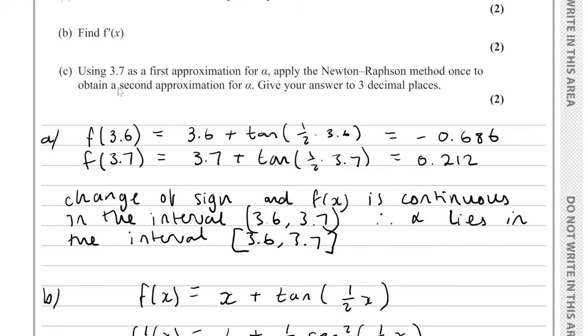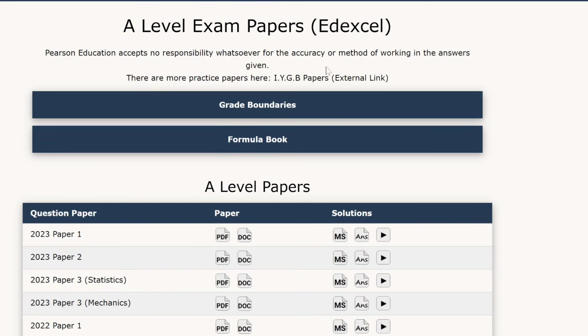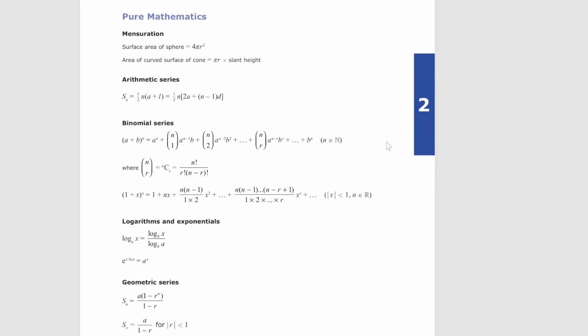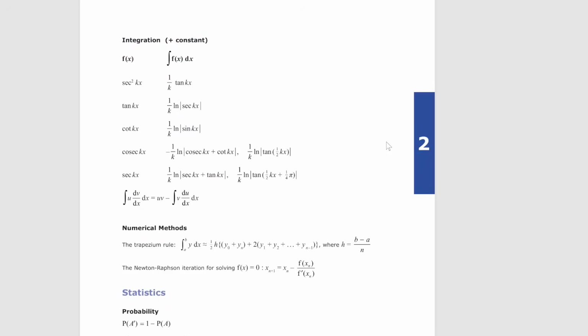Using 3.7 as a first approximation for alpha, apply the Newton-Raphson method once to obtain a second approximation for alpha. Give your answer to 3 decimal places. So I'm just quickly checking the formula book for the Newton-Raphson.